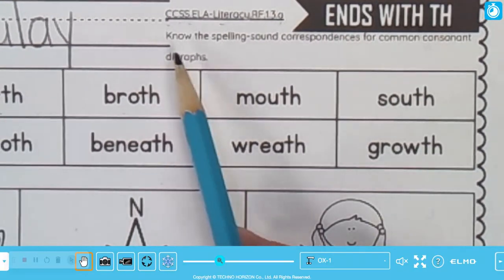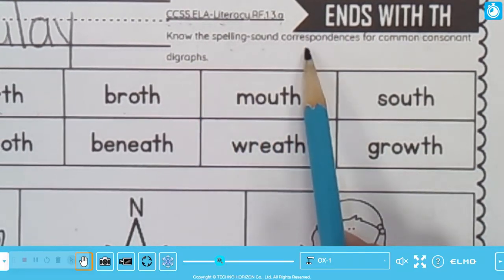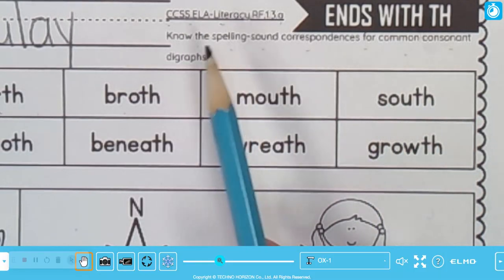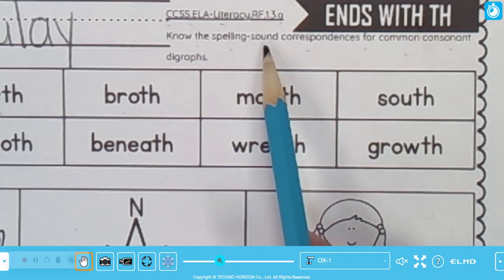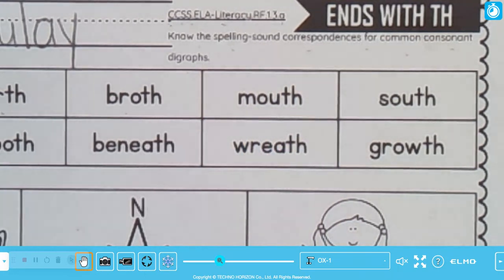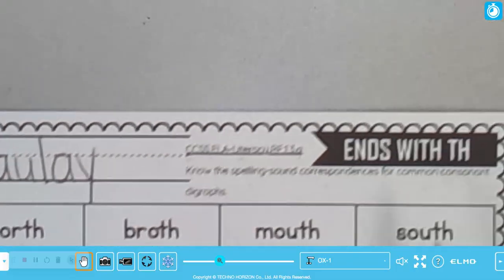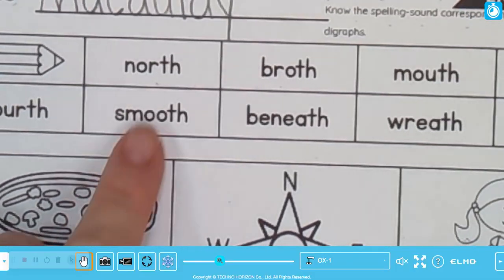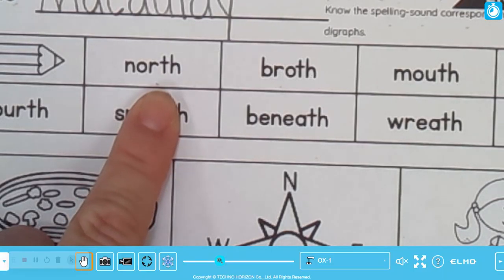It says, know the spelling-sound correspondence for common consonant digraphs, which means to know how to spell and say digraphs. So today our digraph is the TH, and it's going to be at the end of each word. So you see there's a TH at the end of each word.